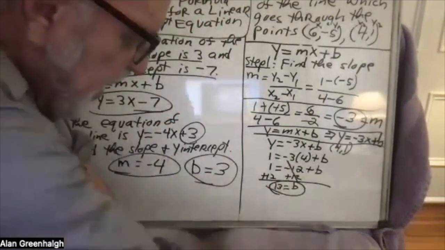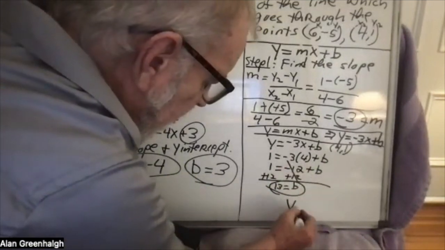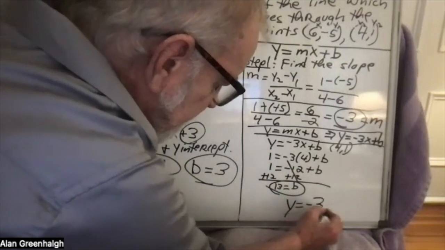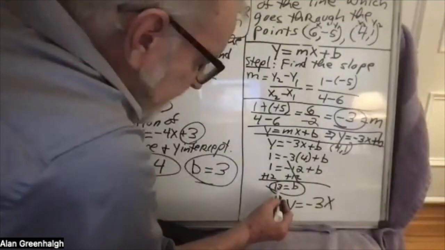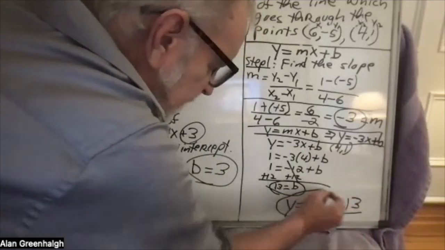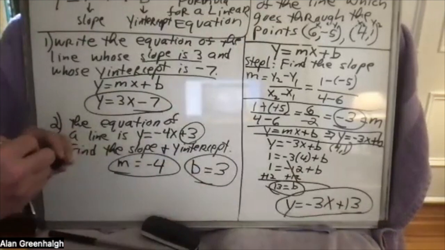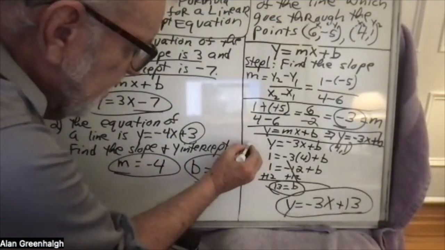And the answer to this question will be y equals negative 3x, and now we know that b is equal to 13. And there it is. And this is step 2.